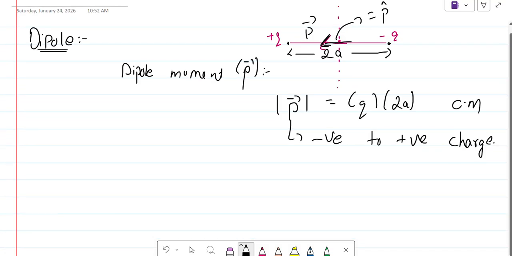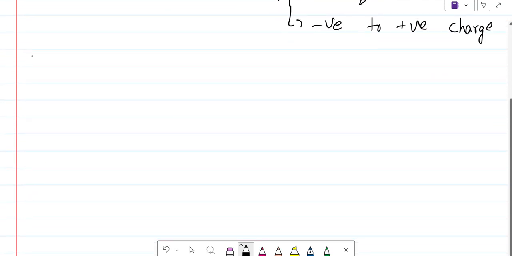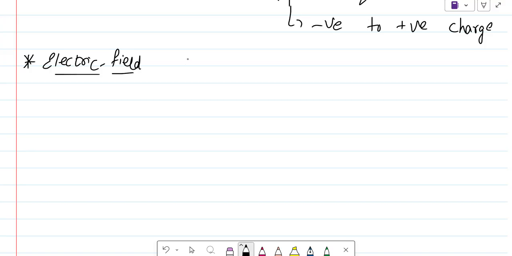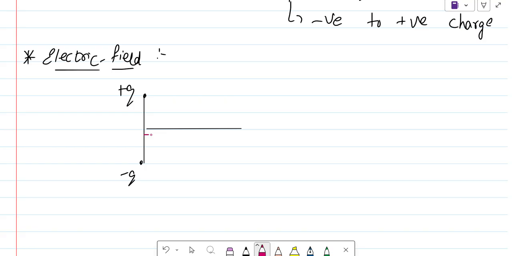Two important concepts after studying the introduction of dipole, that is electric field due to dipole. अगर कोई भी एक डाइपोल लिया जाए, plus q minus q, so this line passing through the midpoint and perpendicular to the axis.